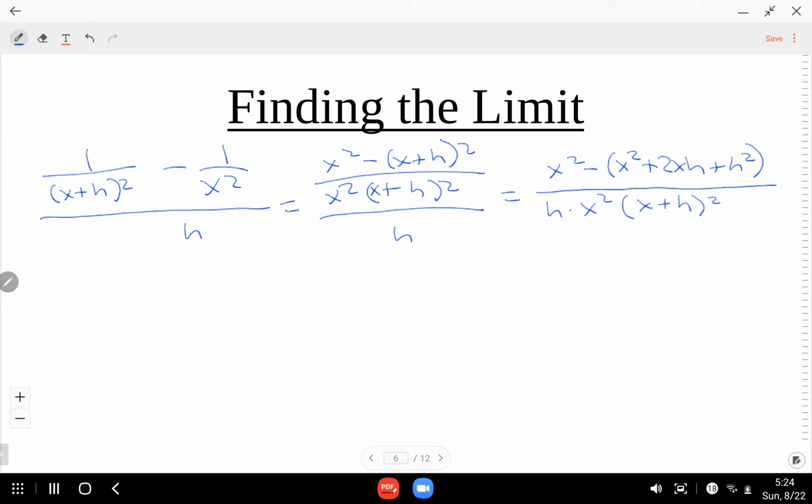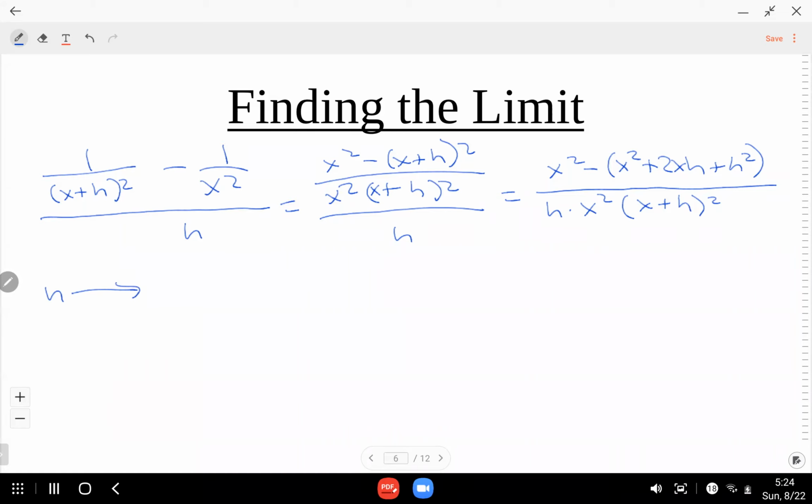So how are we going to find the limit as h goes to 0? To find the limit, we need to get rid of this h. Just get rid of h from the equation. How do we do that?